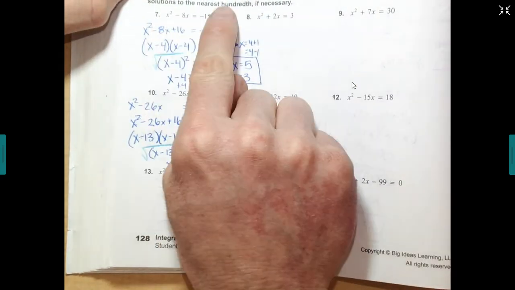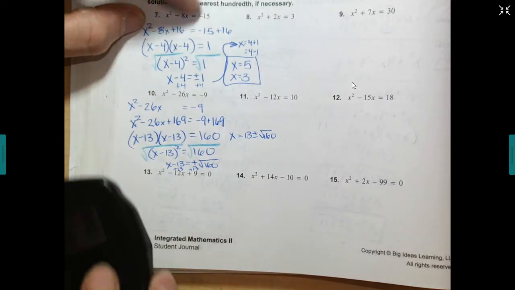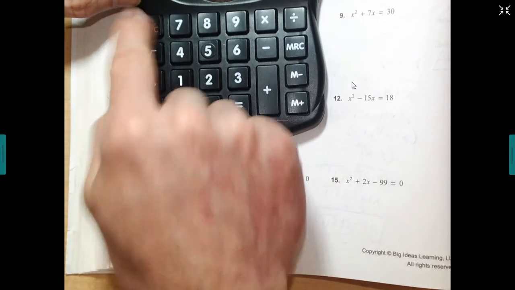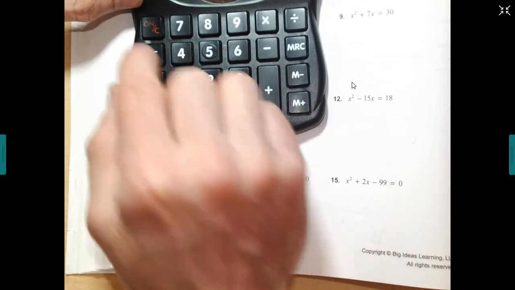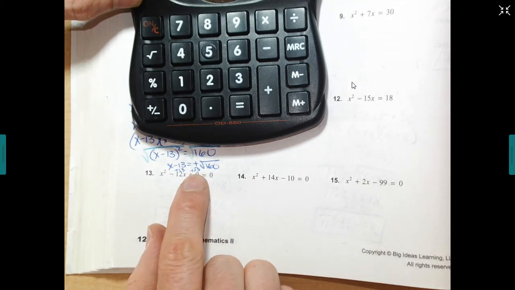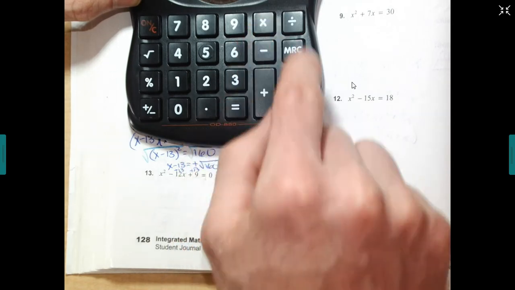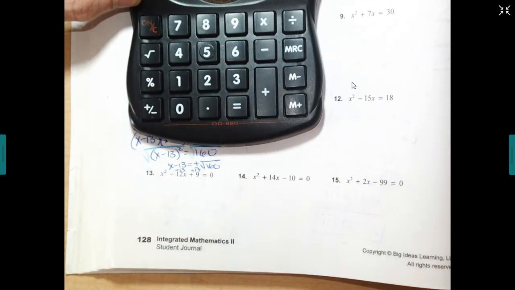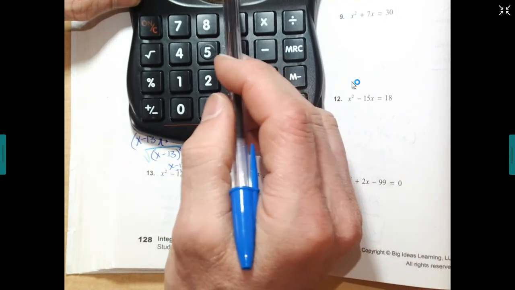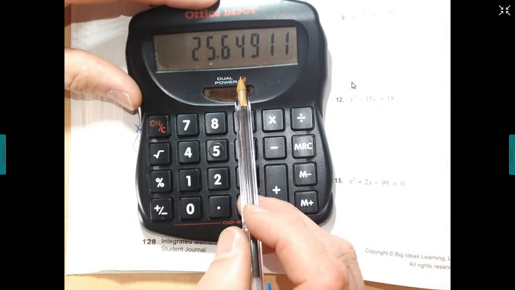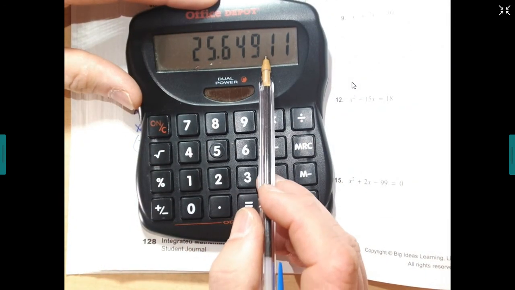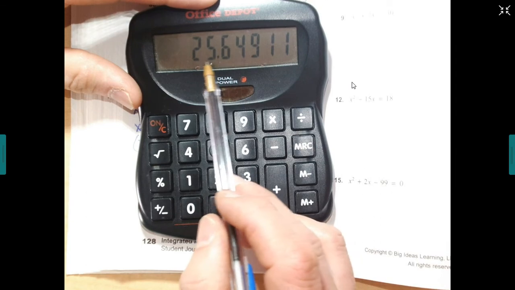So round your answers to the nearest hundredth. So I'm going to go 160. So the square root of 160 plus 13. Now hundredth is right here. Oh geez, you can't even see it. Hundredth is right here. So 9 rounds this up. So I have 25.65.